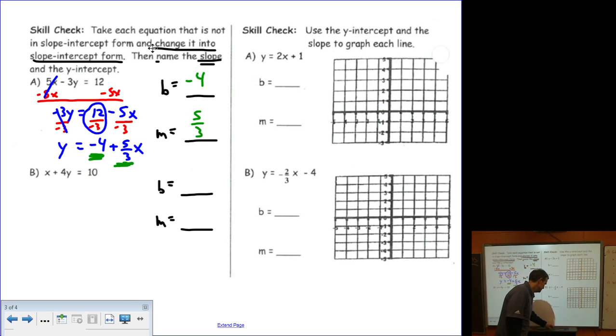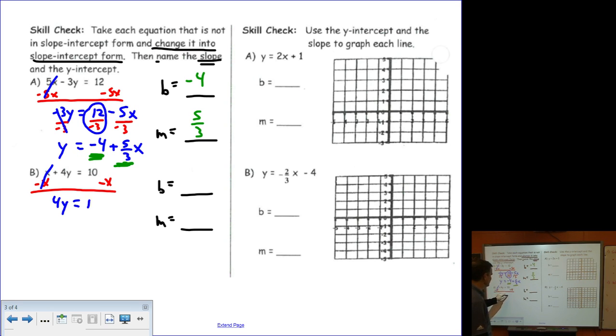The next one. To get the y by itself, the first thing I would do is subtract x from both sides. That's going to give me 4y equals 10 minus x. And then I'm going to divide everything by 4.